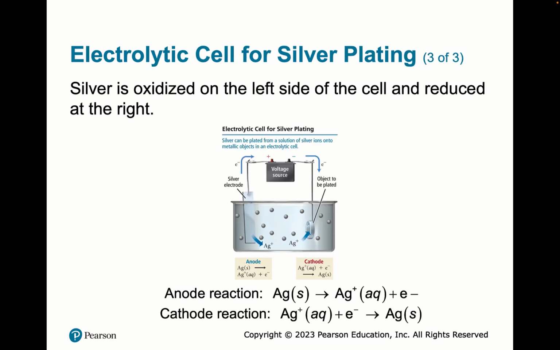So, for instance, if you want to coat your ring in silver, you put your ring in there and connect it with a wire, and then put a silver anode in, and put the electromotive force on, and then the silver ions will deposit on that less reactive metal.